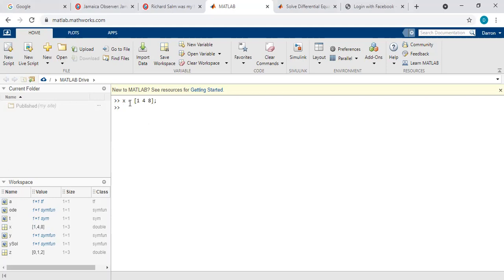This would be my quadratic equation, x² + 4x + 8. Does anybody know the command you would use to solve that?